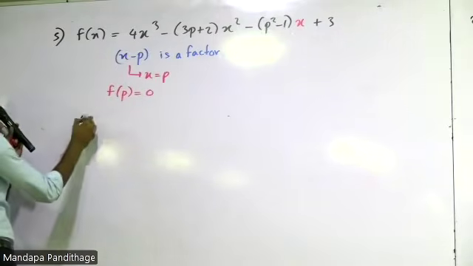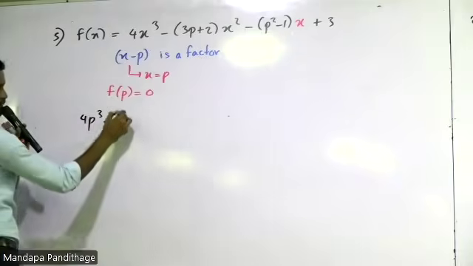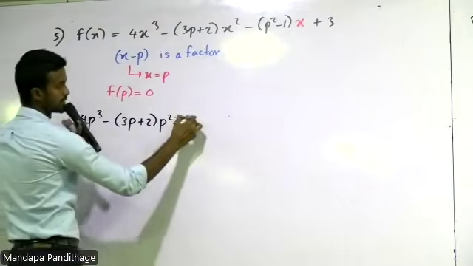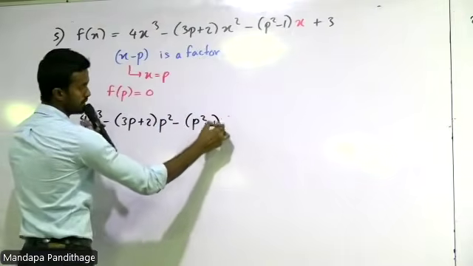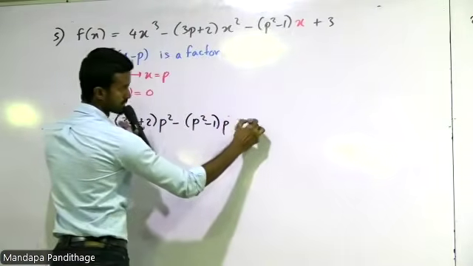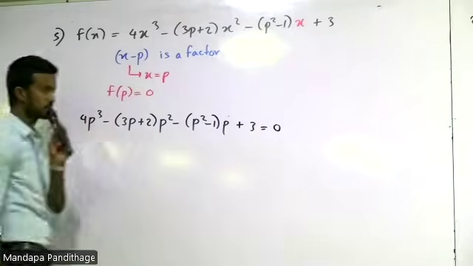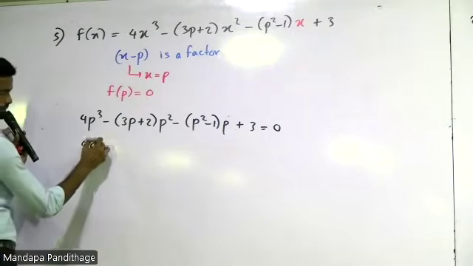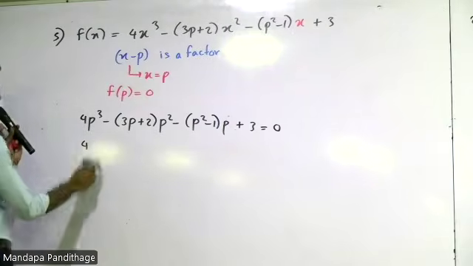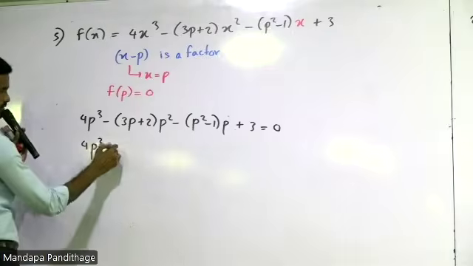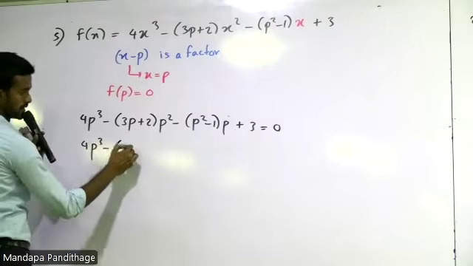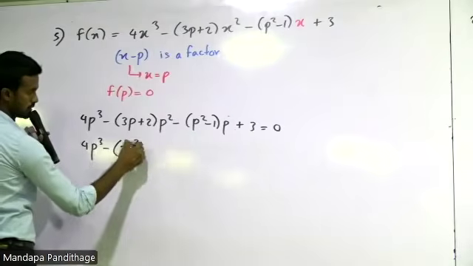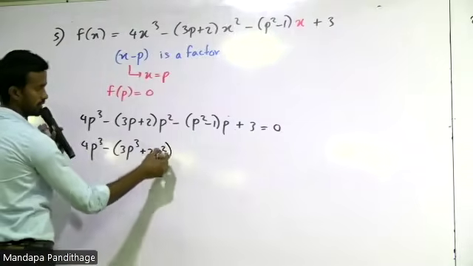It's 4 times p cubed minus 3p plus 2p squared. Put p in place of x everywhere. Plus 3 is equal to 0. And now simplify this and look what happens. So when you simplify this, multiplying 3p into p squared is 3p cubed plus 2p squared.